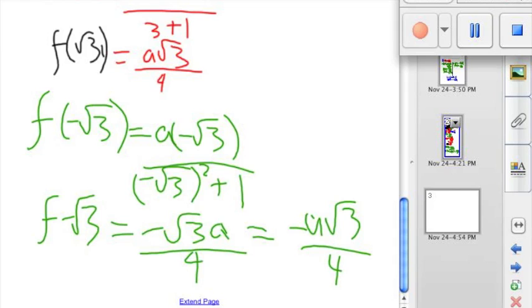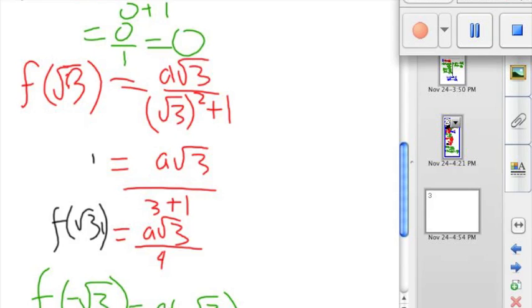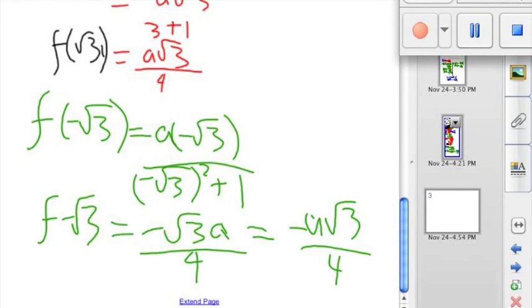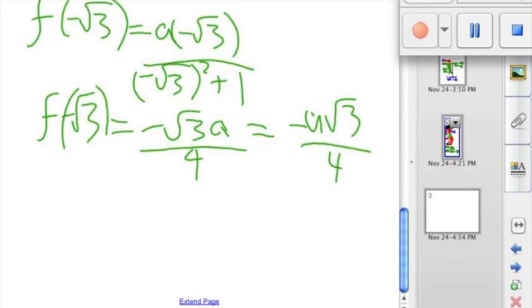So we go up. We've got a root 3 over 4 for f of root 3, and negative a root 3 over 4 for f of negative root 3. Let's put the brackets around this. So we extend the page a bit more, and we've got 3 points of inflection.